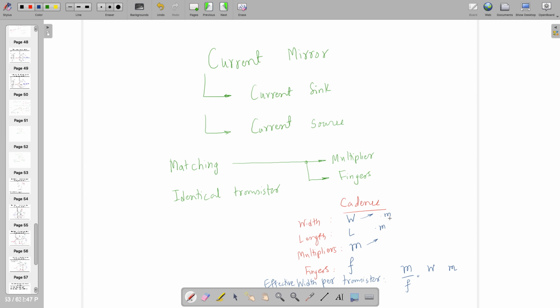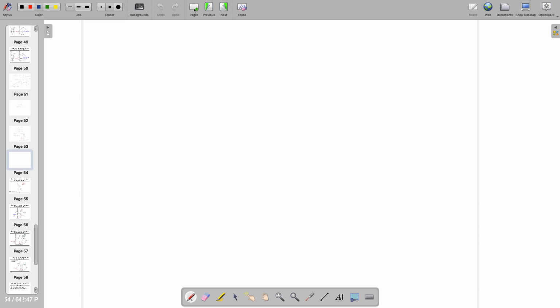Yes, so we talked about this and we understood its usage and how to use it. All these things are clear to us. On top of that, we studied the simplest current mirror, which looks like this one.